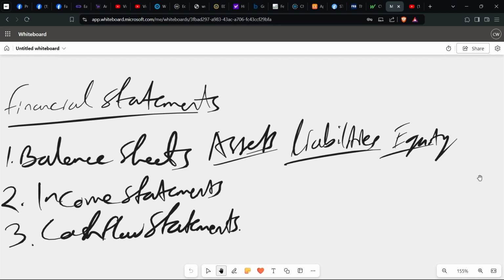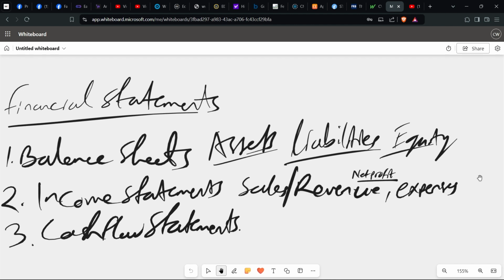The next one is the income statement. An income statement shows what a company has sold, the revenue, and its expenses and net and gross profit or loss. So the income statement, this is where you will see how profitable or unprofitable a company is.